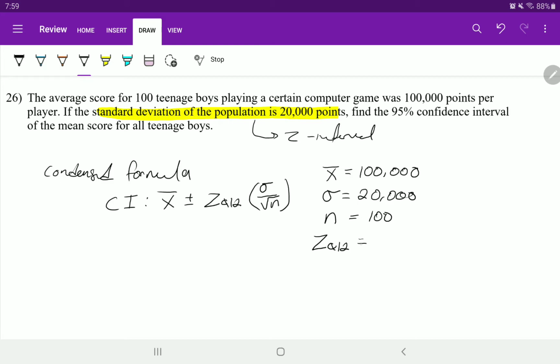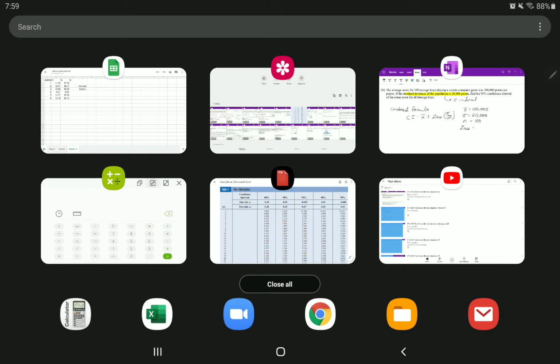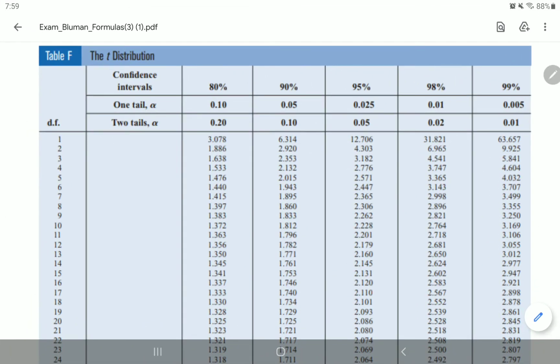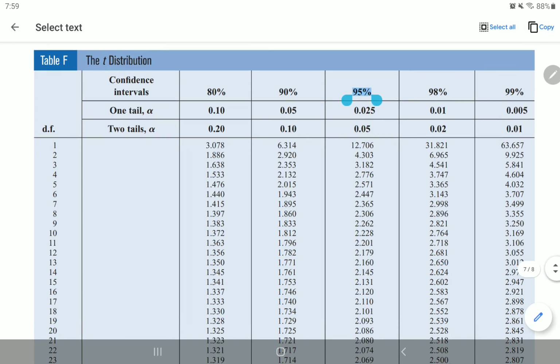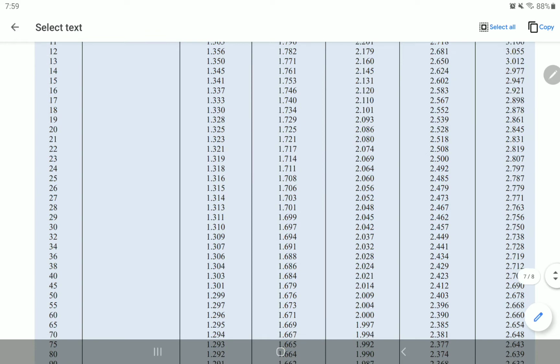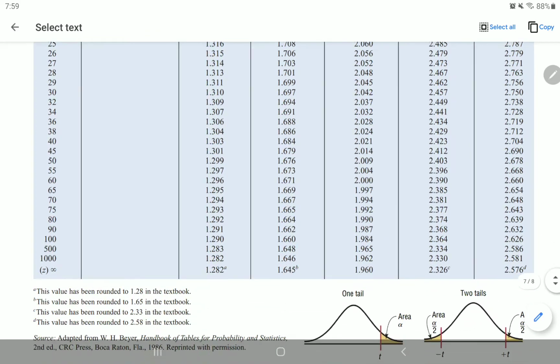To find that critical value, we're going to go to your T distribution table, because this is a Z interval, right? And we want 95% confidence. So you're going to go over to 95% confidence, and go all the way down to the last row. When you go all the way down to the last row, it gives you your Z critical value.